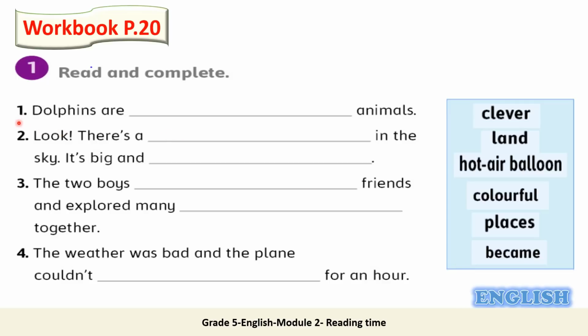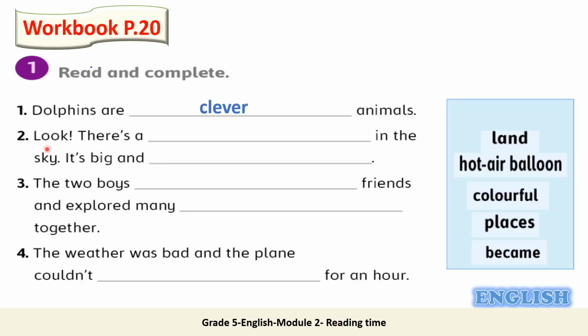I'll do the first one for you. Dolphins are clever animals. We have to find a word that describes dolphins. Excellent. Clever. Very good. Now pause the video and do the rest, then play the video again to check your answers.